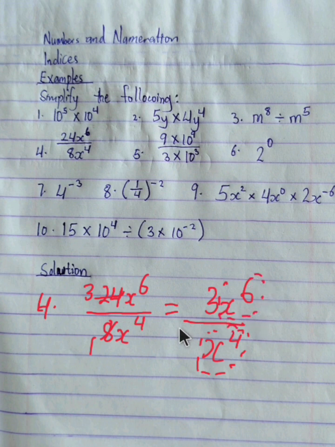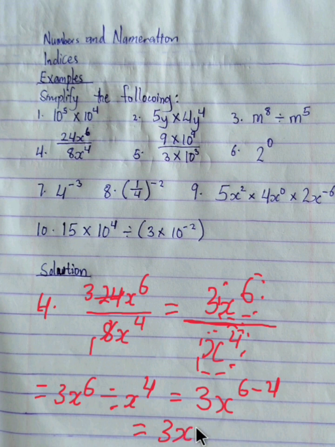You can write this expression as 3x raised to the power 6 divided by x raised to the power 4, because this over means divided by. Whenever you are dividing two indices, you subtract their powers. So we are going to have 6 minus 4. The final answer is going to be 3x raised to power 2, 3x squared.